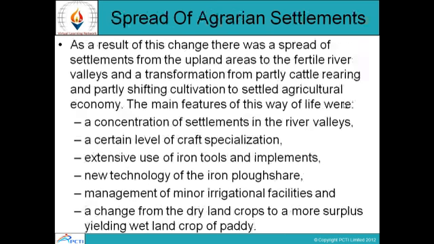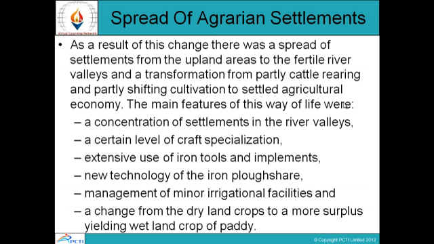Spread of agrarian settlements. As a result of this change, there was a spread of settlements from the upland areas to the fertile river valleys, and a transformation from partly cattle rearing and partly shifting cultivation to settled agricultural economy.